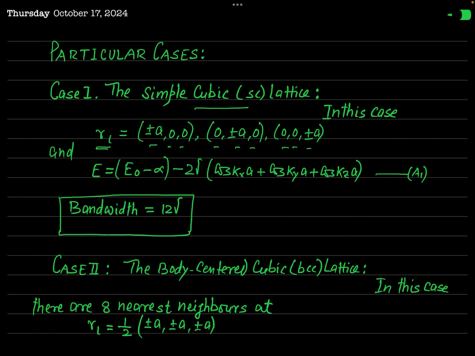It means in the first bracket, plus minus a represents x and 0 0 represents y and z. In the second bracket, plus minus a represents y and the others represent x and z.